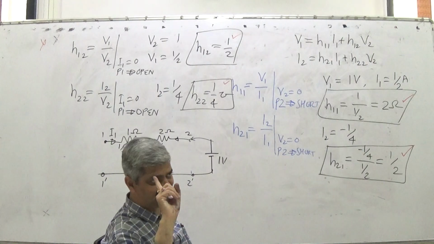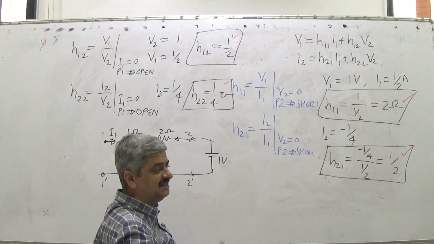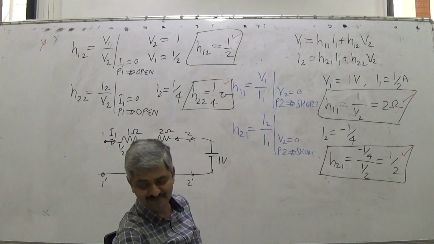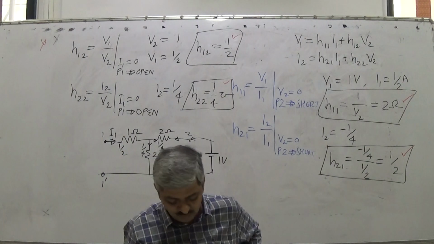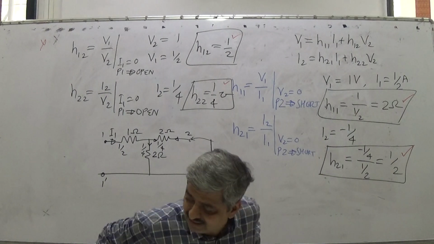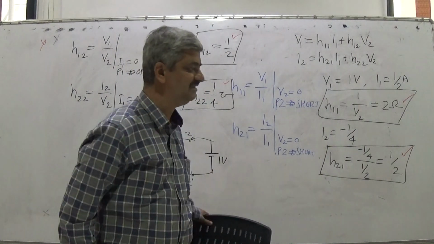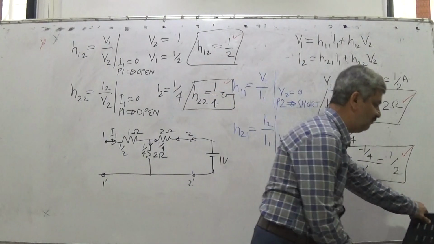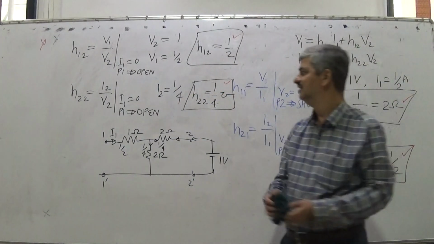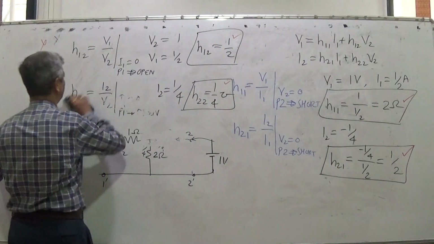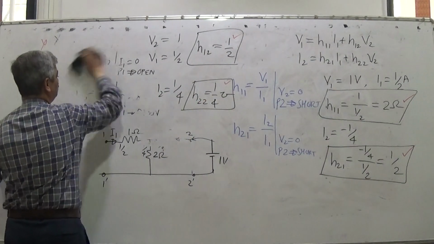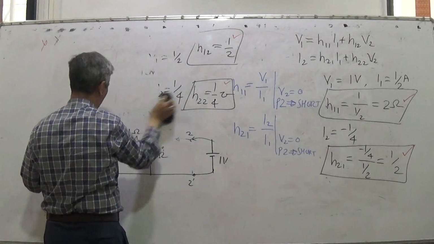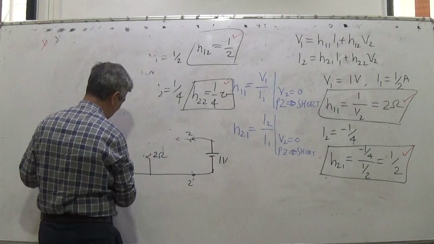So now we will discuss the fourth one. That is the last set of parameters to be discussed before midterm. It is ABCD parameters, in which V1 and I1 are expressed as a linear combination of the remaining two. Same thing, no change, same port 1, port 2, V1, I1, V2, I2 we have got.